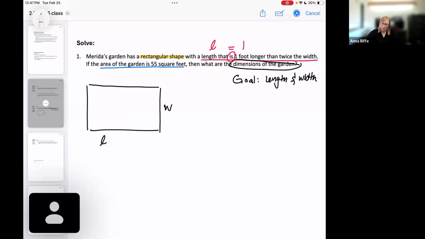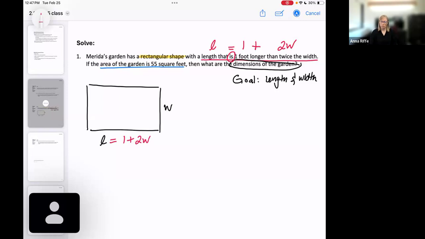Longer than can indicate addition. Twice the width. Twice means 2 times. And we have a variable representing width there. So we can see that there is a relationship here that we could set up between the length and the width. Go ahead and put that on my picture. 1 plus 2W.